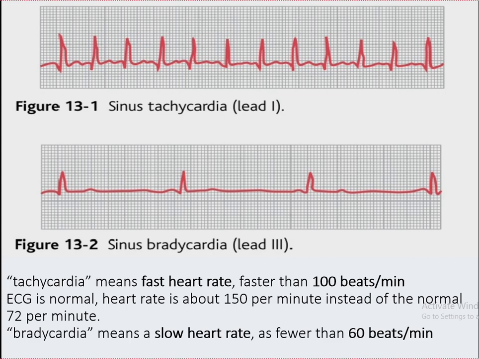Tachycardia and bradycardia are easier to identify because the structure of the QRS wave of the ECG itself is not changed. It is that now we are having fewer beats per minute, meaning you are having longer resting times, longer times when the heart is depolarized, longer times when it is repolarized.